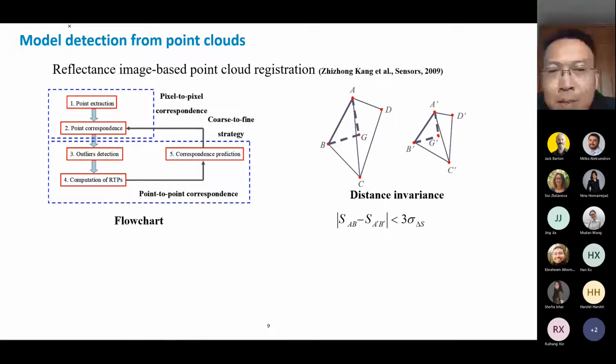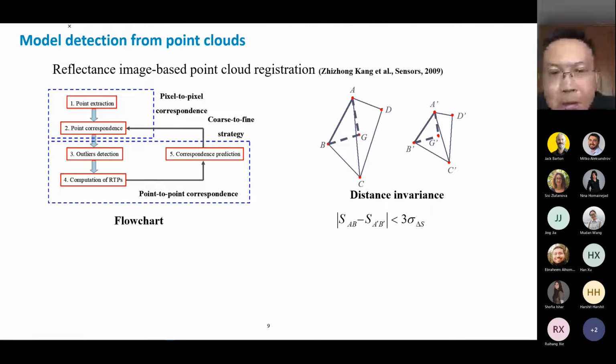Okay, just a quick look at the algorithms we developed in the past. This one is the work from the beginning. I worked in Delft on point cloud registration, which uses the reflectance images to finish the job without using camera images. That's one advantage.